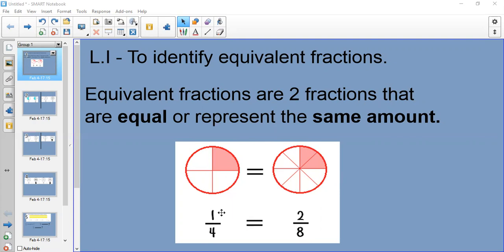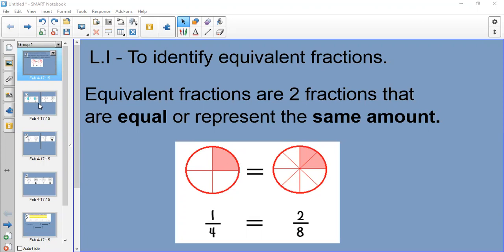Because if I was to use 2, and I said 2 times 1 is 2, 2 times 4 is 8, it's 2/8. And if I was to divide 2 by itself, 2 divided by 2, the answer would be 1. And how many 2's go into 8? The answer would be 4. So 2/8 is the same as a quarter.